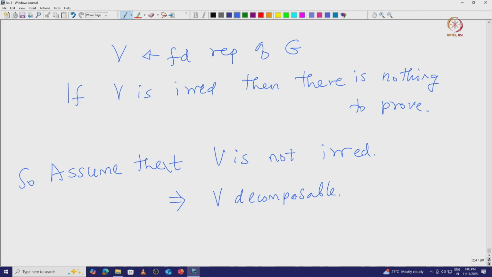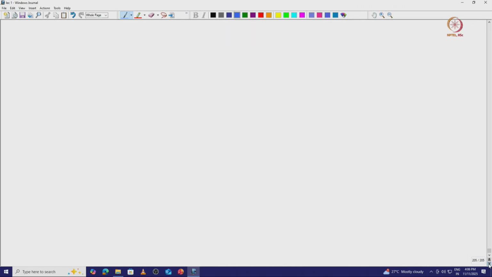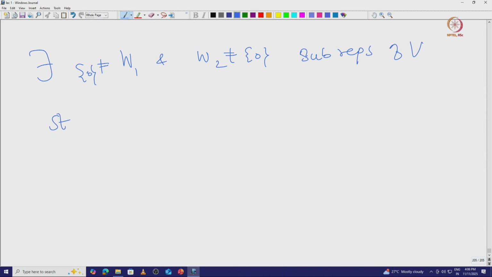So, from our corollary we can immediately see that V is decomposable. That means there exist non-zero sub-representations, let us call them W1 and W2, of V such that V is equal to, or even isomorphic to, W1 direct sum W2, but we can just take them to be sub-representations, so they are equal.